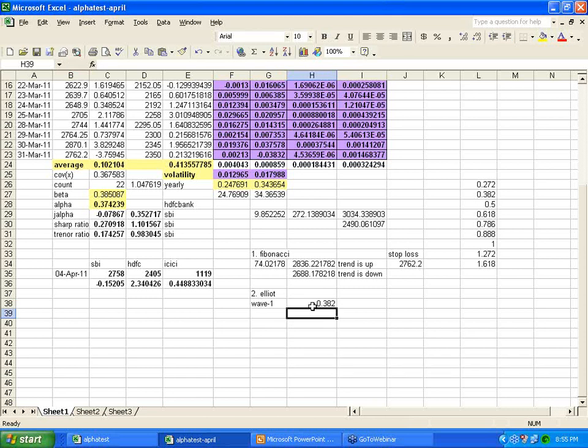Wave 2 is a counter wave and it can retrace 0.618 times of its prior wave. Wave 3 has 1.272 times of wave 1.